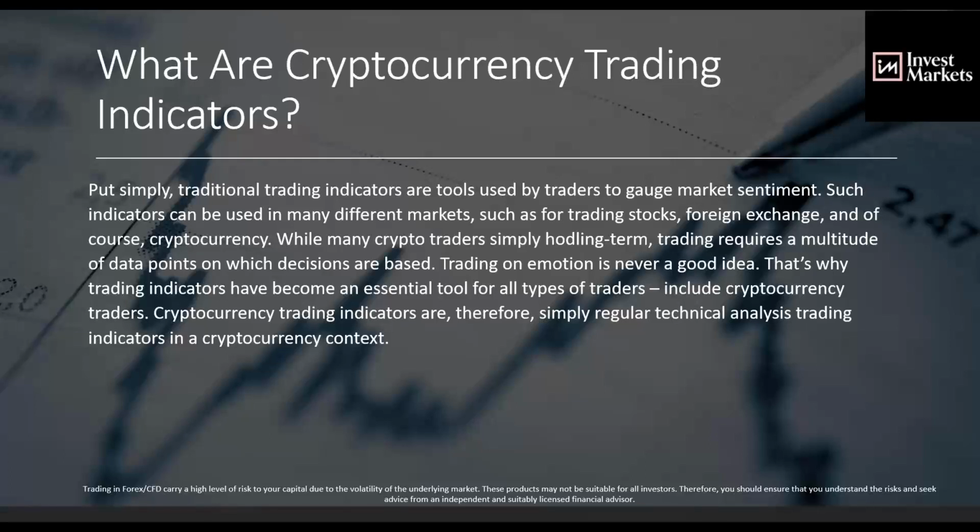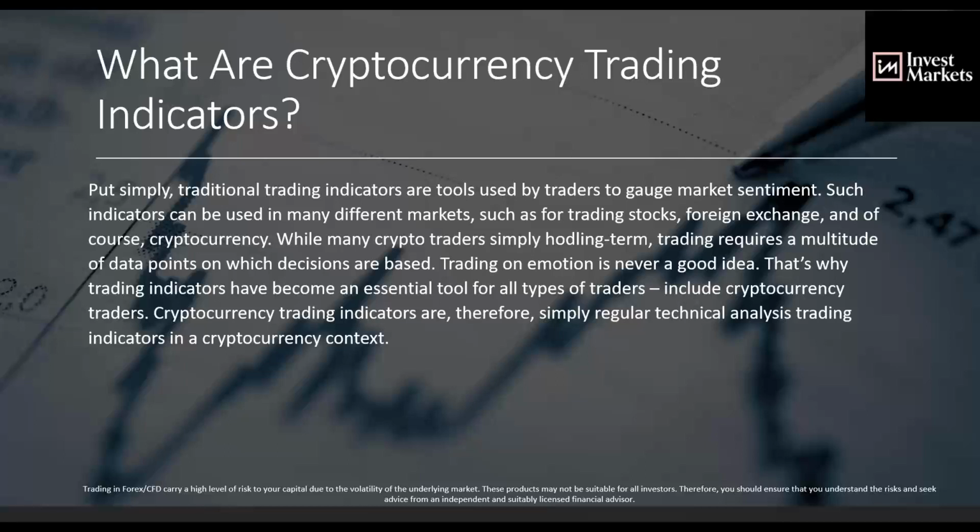So put simply, traditional trading indicators are tools used by traders to gauge market sentiment. Such indicators, and I know this is what you guys have been waiting for, everybody always wants to talk about indicators, can be used in many different markets, such as stocks, foreign exchange, and of course, cryptocurrency.